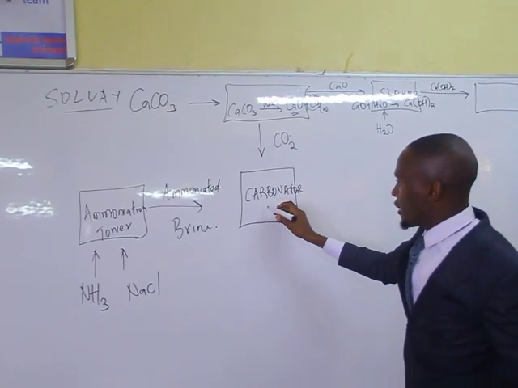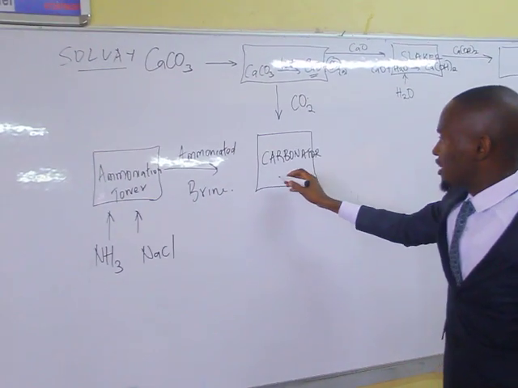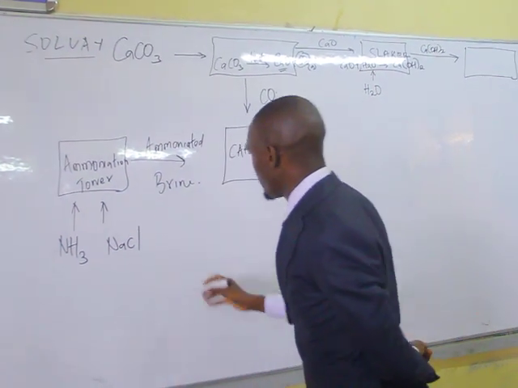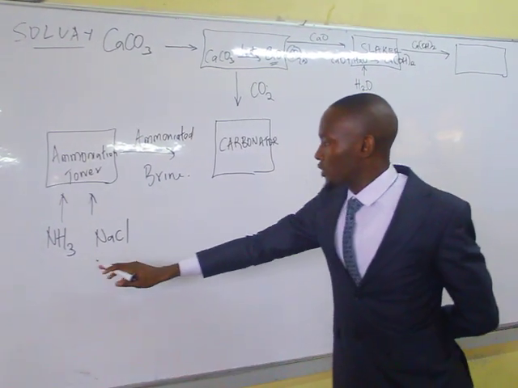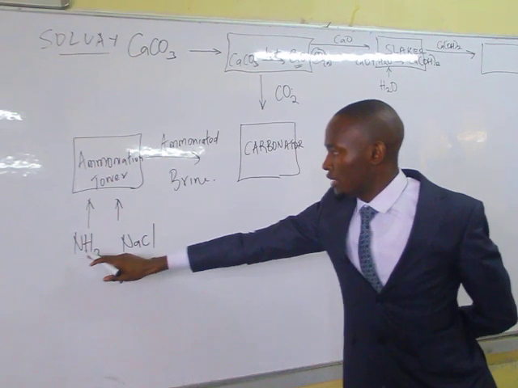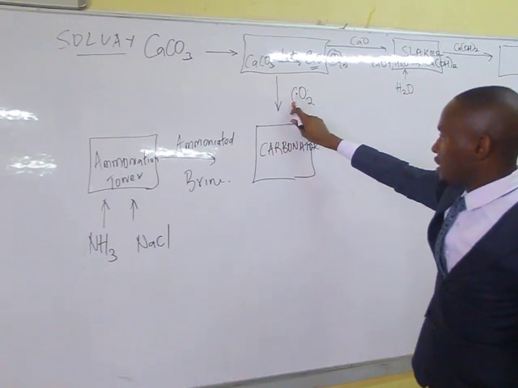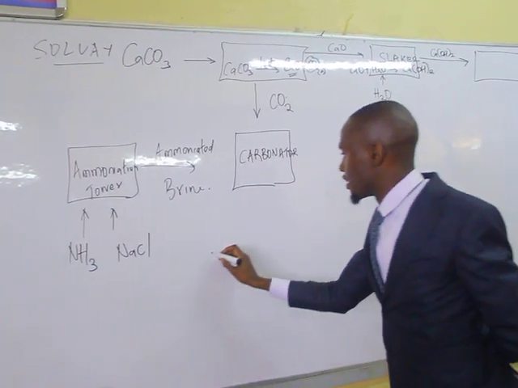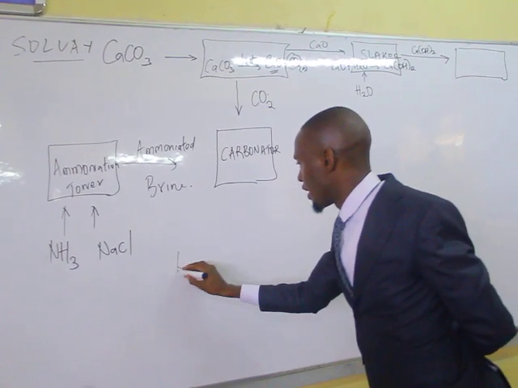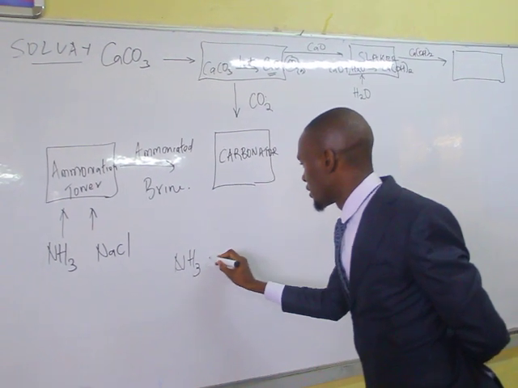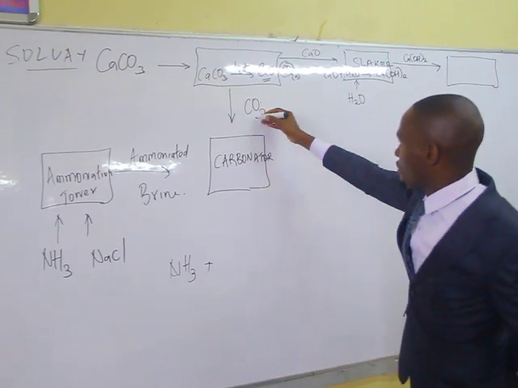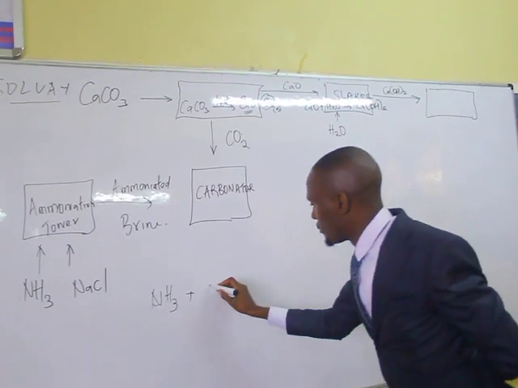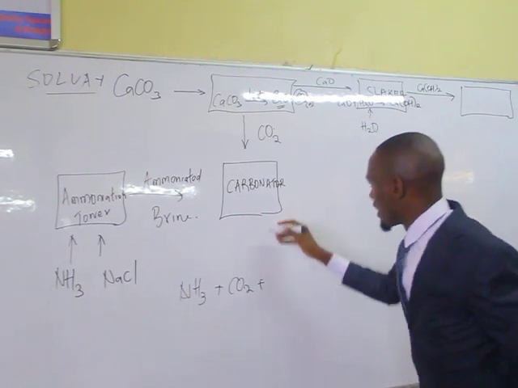In this carbonator, 2 equations take place. So I want to write the equations here. The first equation is ammonia reacts with carbon 4 oxide, and some water is also added to this chamber. So the first equation is ammonia, NH3, reacted with carbon 4 oxide from this chamber here, plus water.